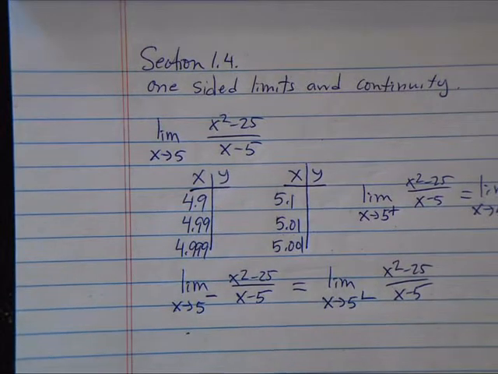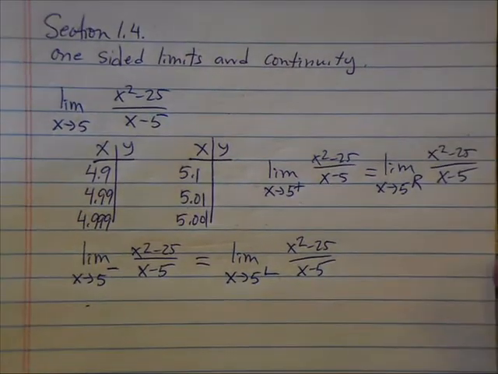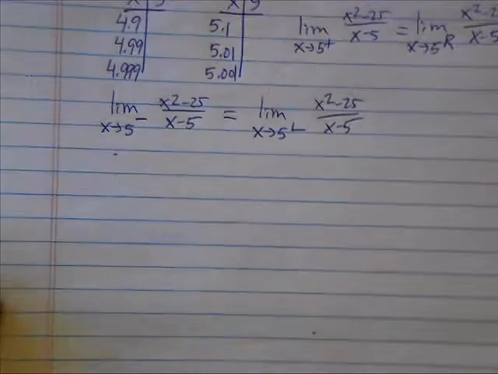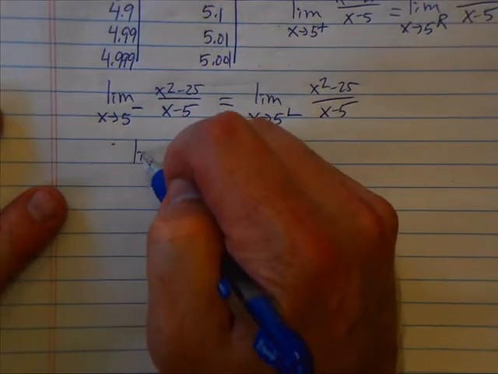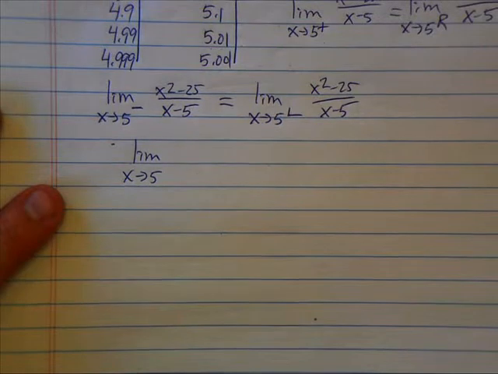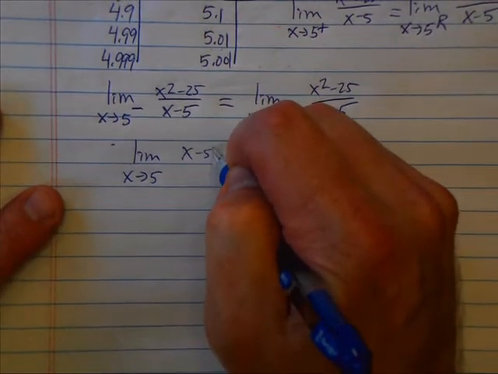So we actually did talk about left and right limits a few days ago. We didn't use them for a whole lot. Today, we're going to use left and right limits for something important. And to answer Grace's question, yes, I could have done this. This is the limit as x goes to 5. x squared minus 25 factors as x minus 5, x plus 5.